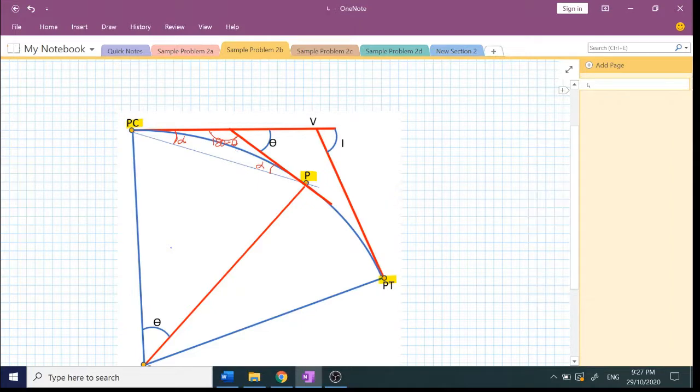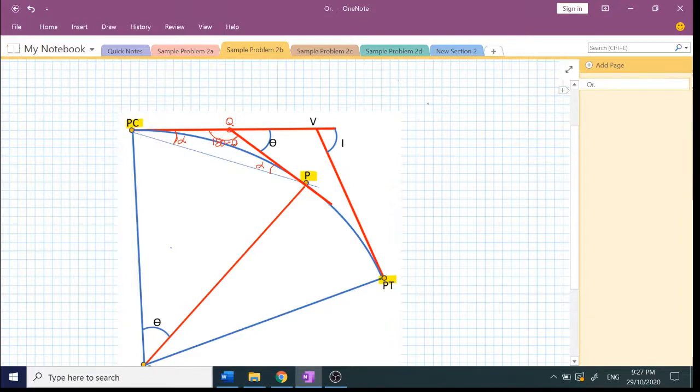Kaya kung titignan natin itong PC plus this point, sabihin natin point Q, and point P, you will have here an isosceles triangle. So that in that triangle, the sum of all the interior angles must be equal to 180. And so we can solve for the angle alpha in terms of theta by using the sum of the angles that is equal to 180.